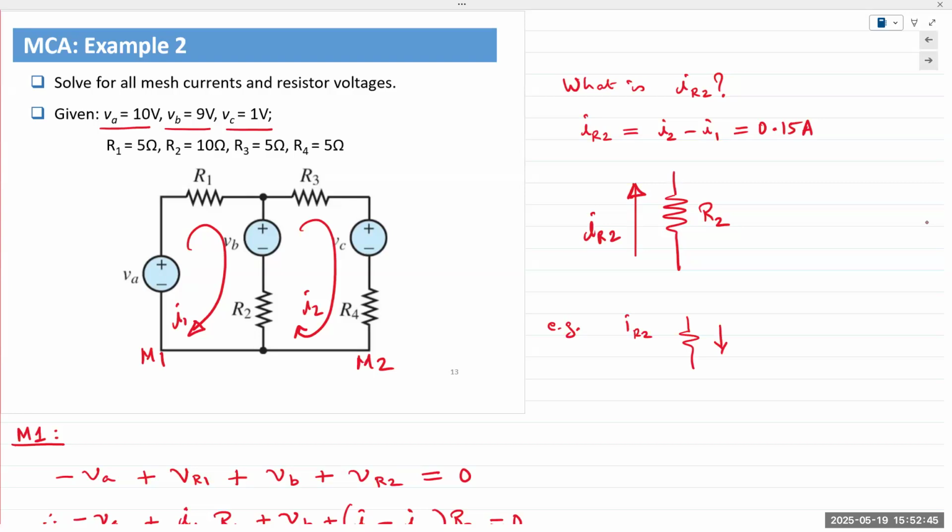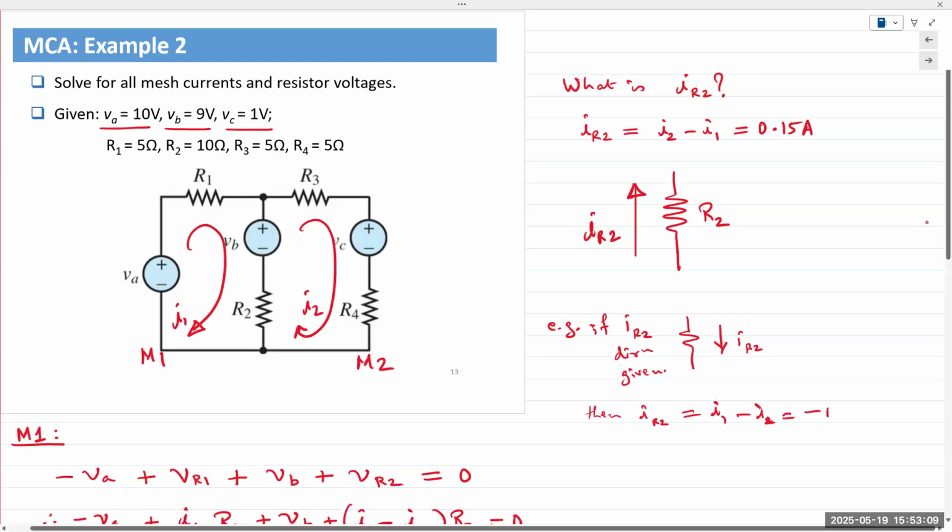So if the IR2 direction was given, then IR2 would be equal to I1 minus I2, and you would get minus 0.15.